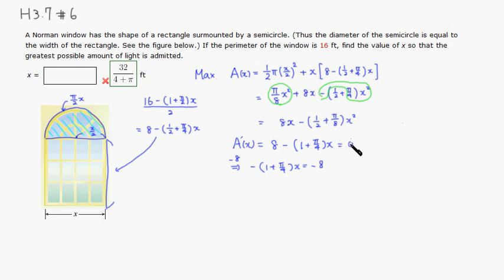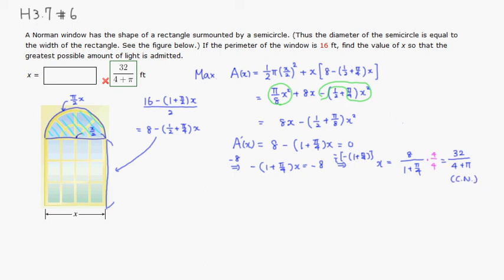Then we divide through by negative 1 plus pi over 4. The negatives cancel out, so x is 8 over 1 plus pi over 4. Since I don't like having a fraction inside a fraction, I'm going to multiply top by 4 and bottom by 4. You get 4 times 8 is 32 over 1 times 4 is 4, and pi over 4 times 4 is just pi. So this is a critical number.